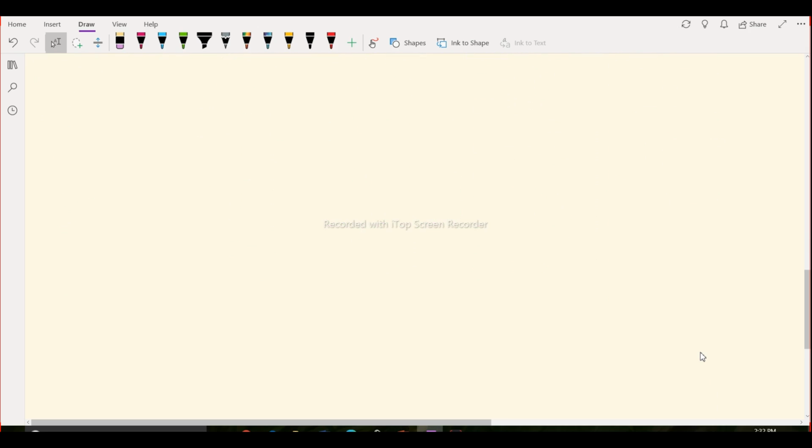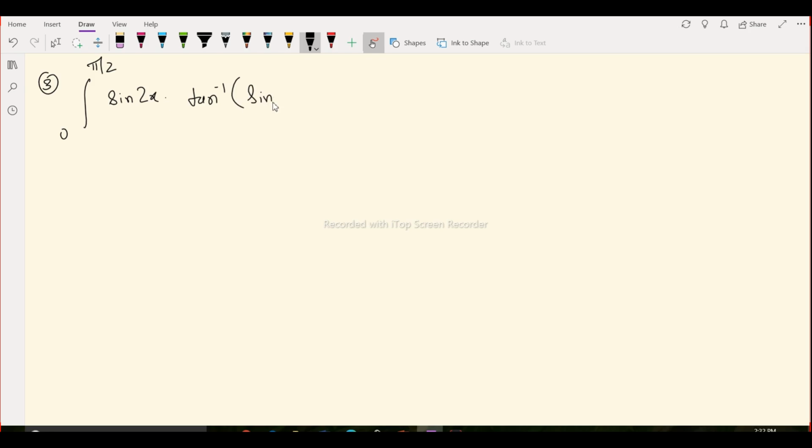So hope you got this part. Let's try one more question. Let's say the third question we have is the integration from 0 to pi by 2 of sine of 2x tan inverse sin x dx.